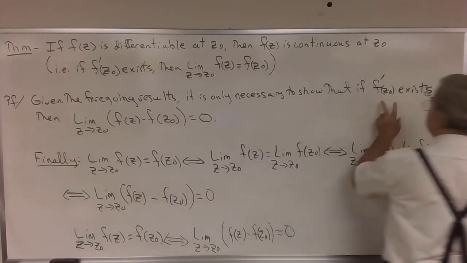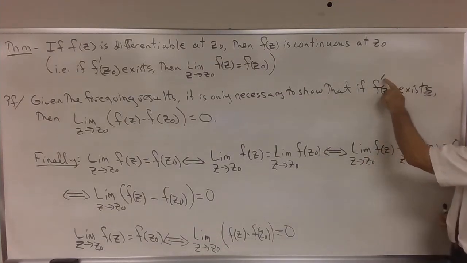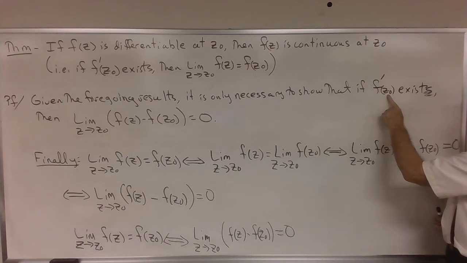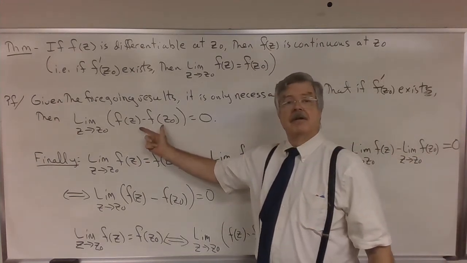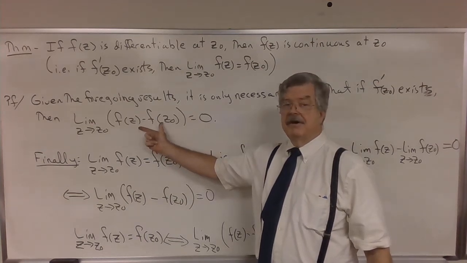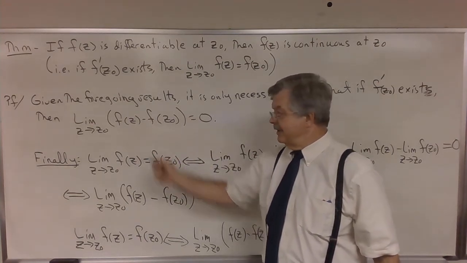It's only necessary to show that if f is differentiable at z0, then this thing is true, because this means that the function is continuous at z0.